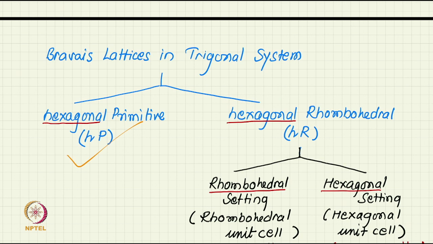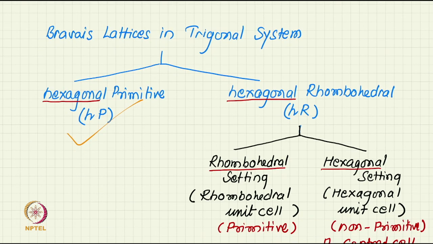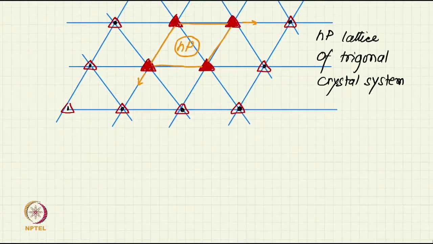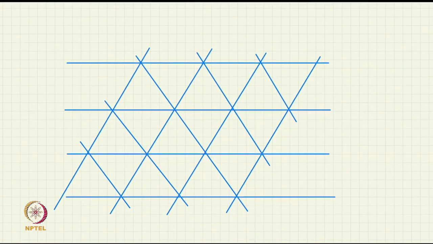Now, let us look at the other lattice which is possible in the trigonal system, and that is hexagonal rhombohedral. Again our starting point is the hexagonal primitive lattice. So, let me outline the rhombus. This will be the rhombus unit cell.